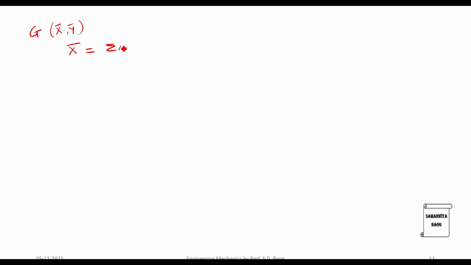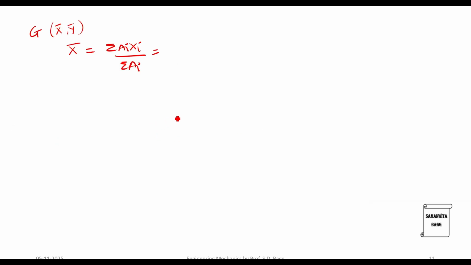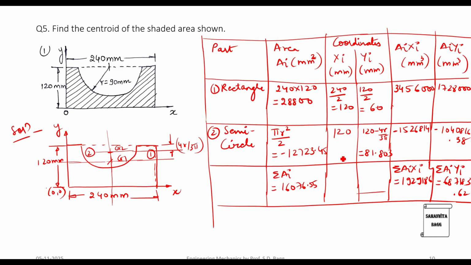X bar is summation ai xi upon summation of ai. So you have to divide this value by this value. You get the answer as 120 mm. Y bar is summation ai yi upon summation of ai, which is this value divided by the summation of area.